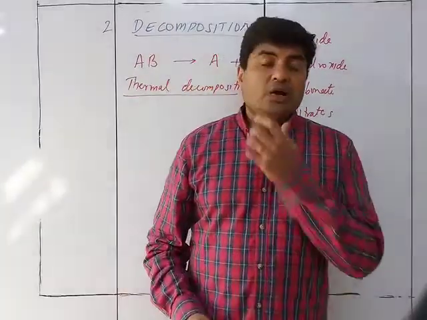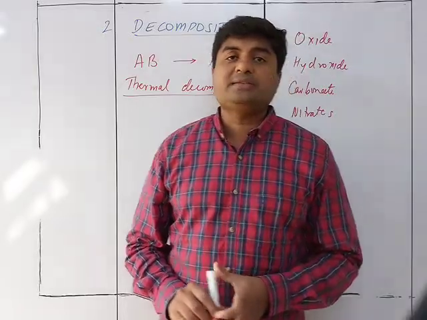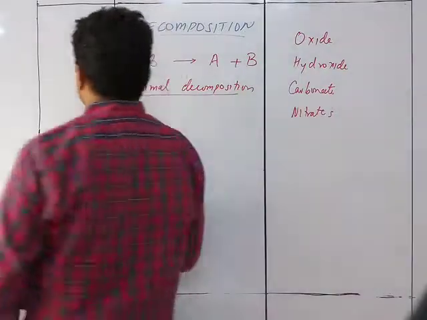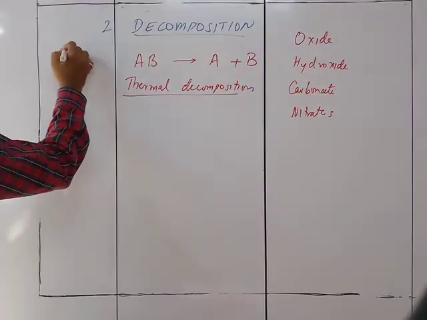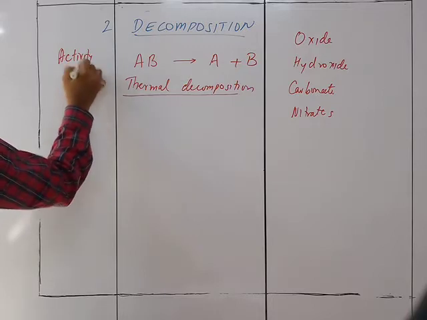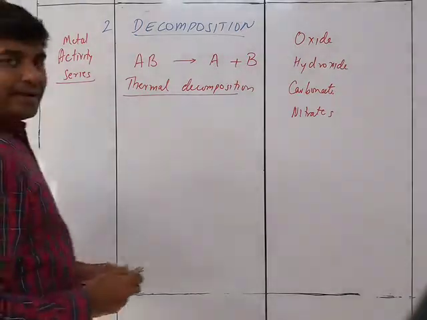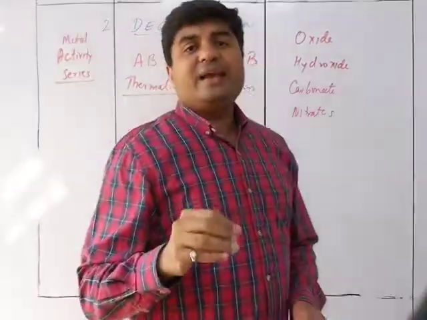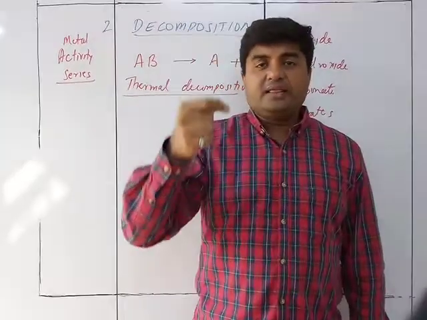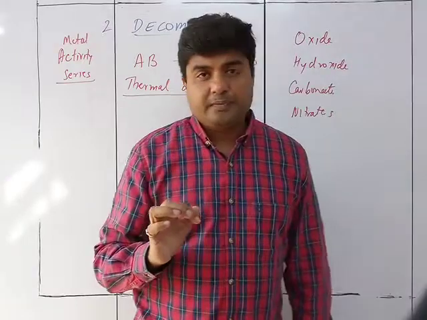Now for this, we also need to know one more important thing, and that is the reactivity series of metals. It is the metallic reactivity series, so it is the activity series, the metal activity series. What is the metal activity series? It is basically the names of the elements placed in descending order of their reaction capacity.